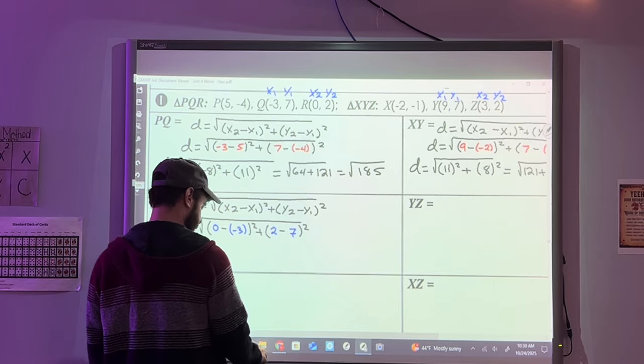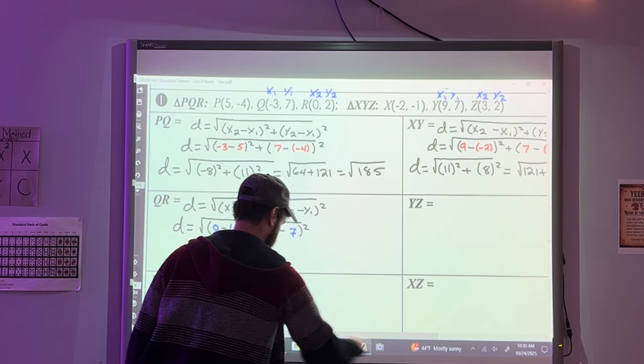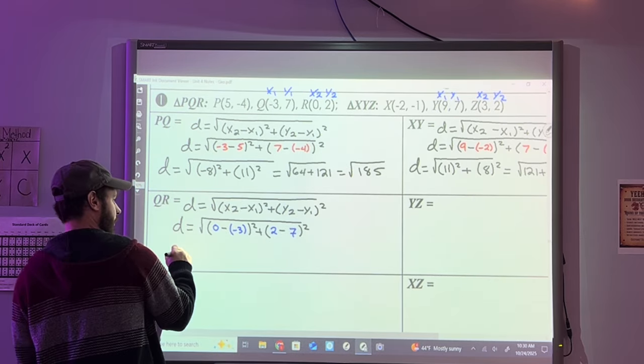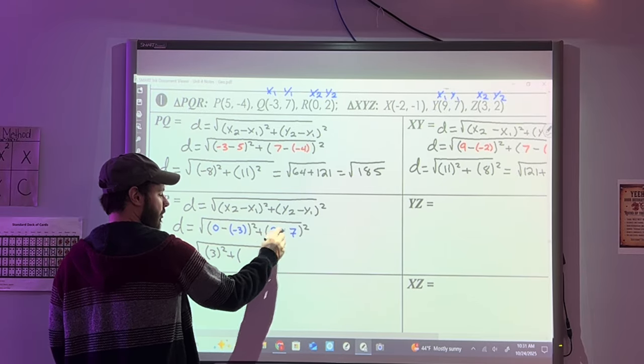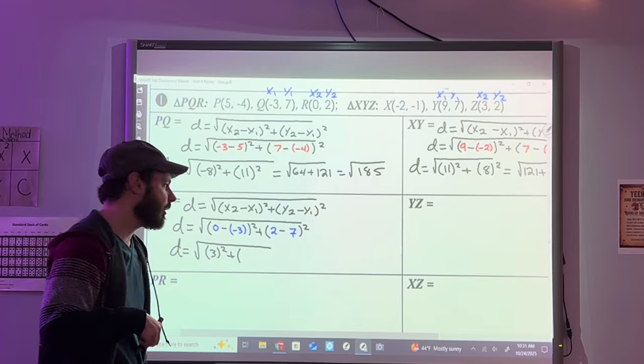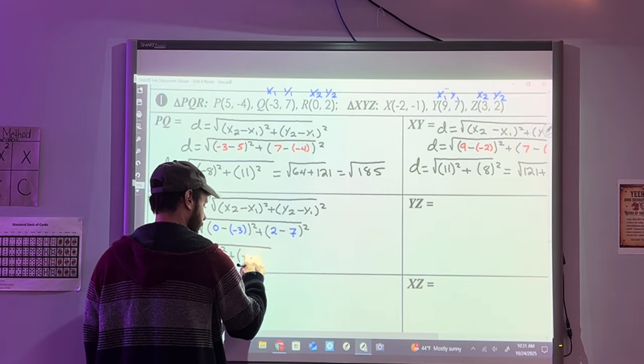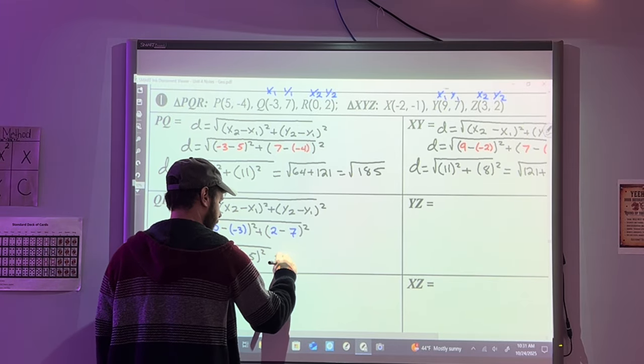Close it, square it. All right. Distance equals big ol' square root. Subtract negative turns positive. 0 plus 3 is 3. Plus 2 take away 7, that's going to be negative, right? Negative 5. Square it.